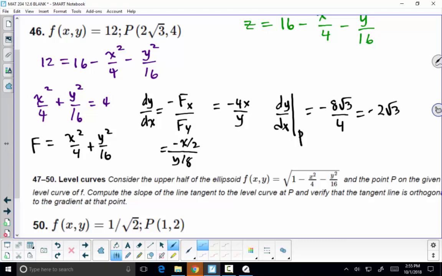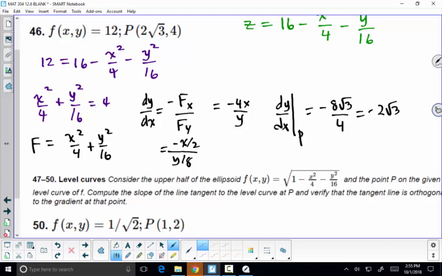Okay, so that is the slope of the tangent line to the level curve. It's the slope of this ellipse at that point.